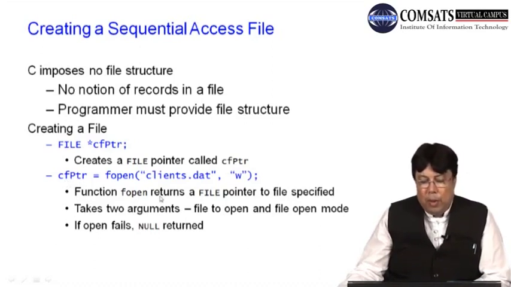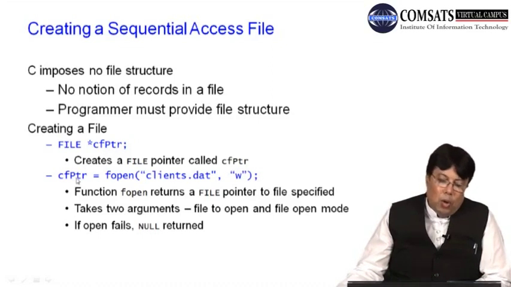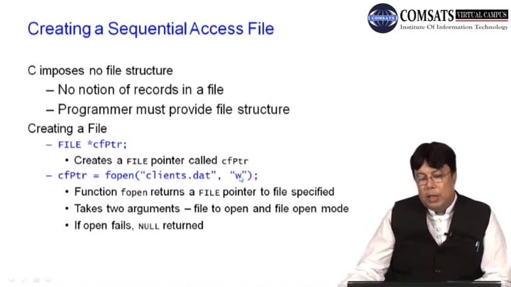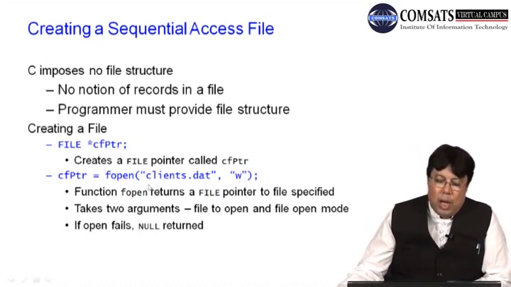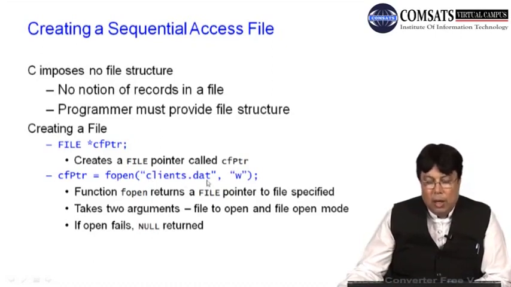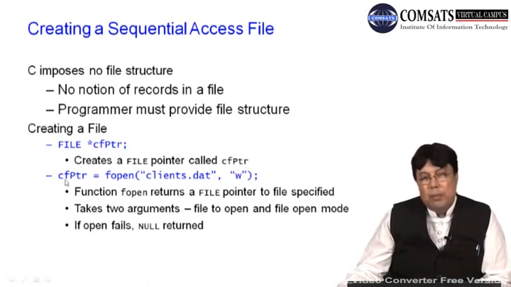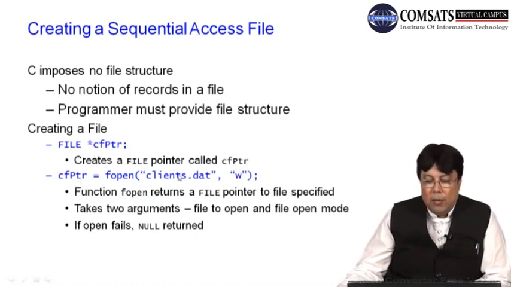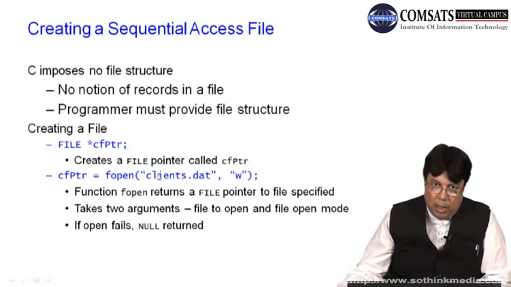So the function fopen returns a file pointer, and this address is loaded in cfptr. Now whenever we want to read or write the information, in this case since we have opened the file just for writing, whenever we are required to write the data into the client.dat file, we will not use client.dat, rather we will use cfptr. That is a file descriptor associated with client.dat, and this association is done by the operating system.